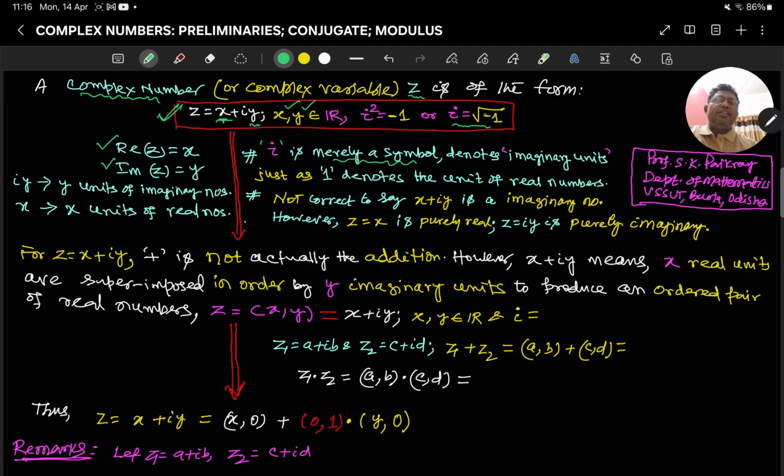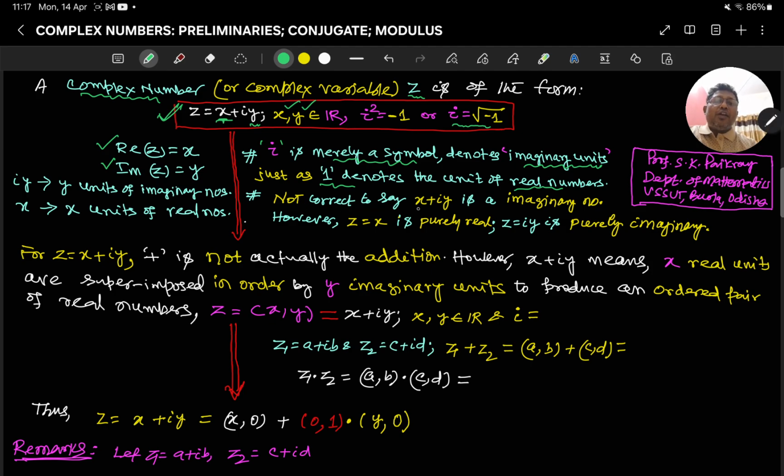This i is root over minus 1. It denotes the imaginary unit, like 1 denotes the unit of the real numbers. Likewise, this i is interpreted here as the imaginary unit.